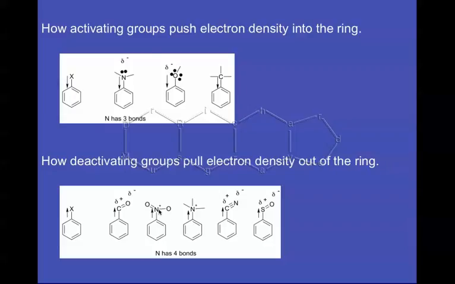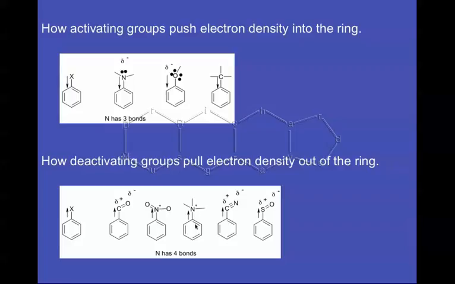With the nitro group, we already have a positive charge on the N because of the way that the nitro group is drawn. So the electrons again are sucked out towards the N plus. When we have an N with 4 bonds on it, it's going to be positively charged, and again the electrons will be attracted to the positive charge.